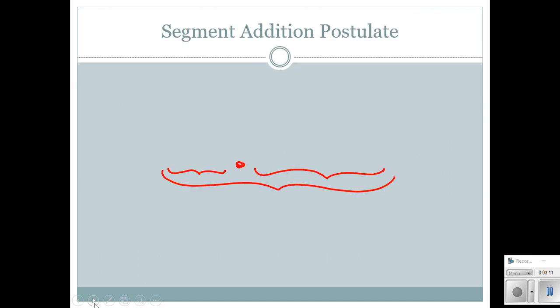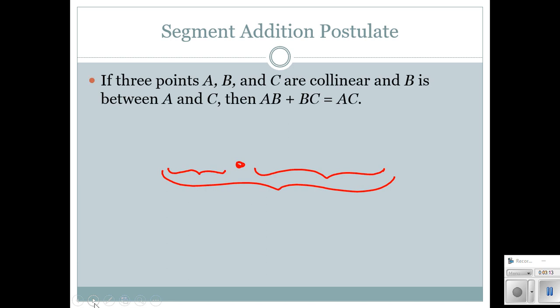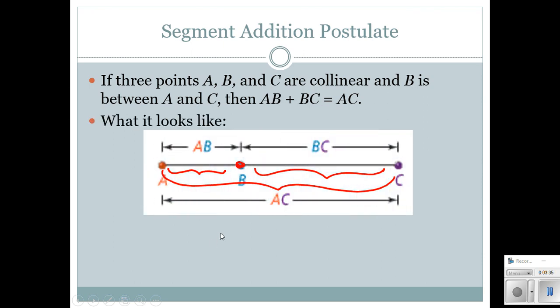Now let's look at the segment addition postulate. If 3 points A, B, C are collinear, what does collinear mean? They are next to each other on a line, right? Linear, line. And B is between A and C. Then AB plus BC equals AC. So let me show you with a number line what it looks like.